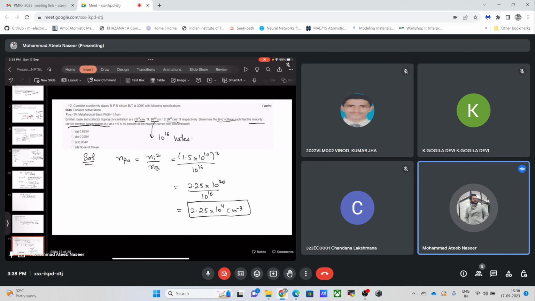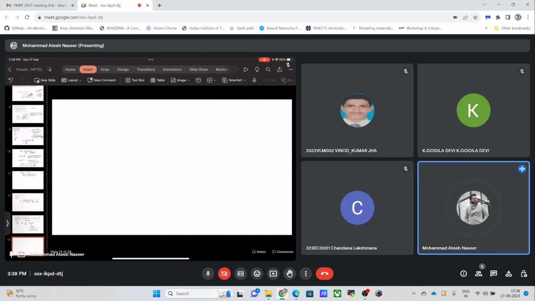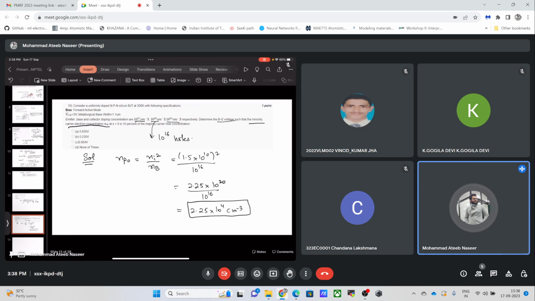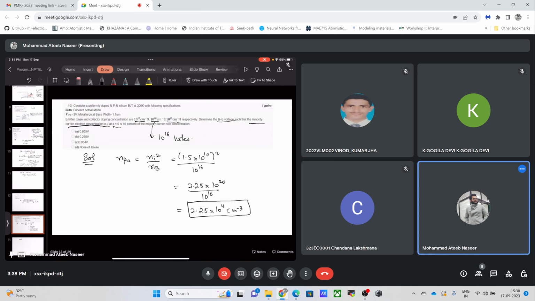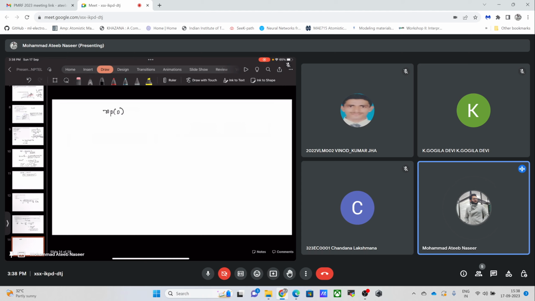Now, as a function of position, it would be this. Since we need to find it at x equal to 0, let's write it simply. This minority carrier concentration is simply given by the equilibrium concentration times the exponential of the base to emitter applied voltage divided by Vt, which is kT by q, our thermal voltage.